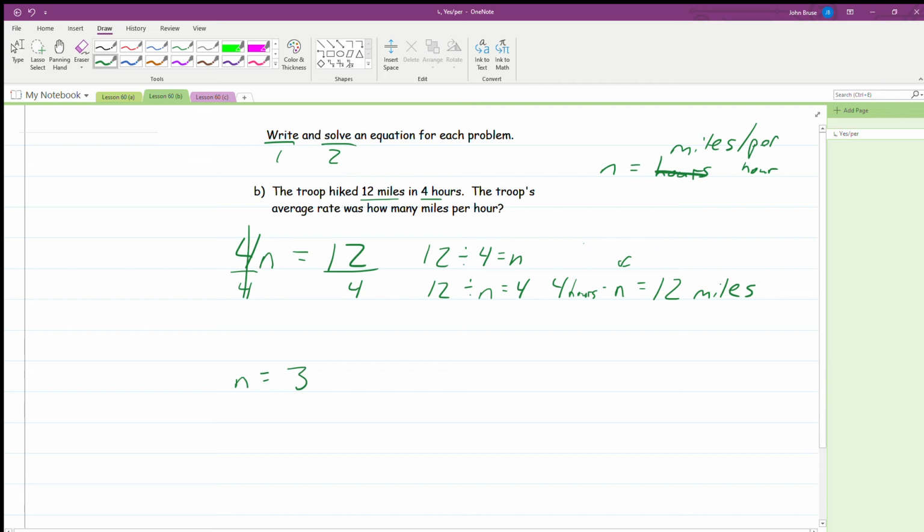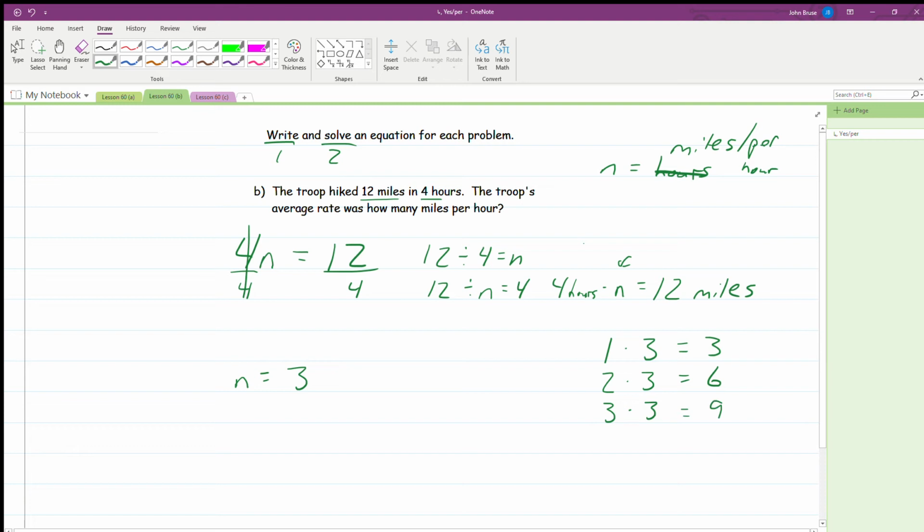So let's check this. If in 1 hour we traveled 3 miles, we've got 3, right? In 2 hours, we multiply that times 3. So 2 times 3, we've got 6 miles. And then in 3 hours, times 3 miles per hour, would be 9.